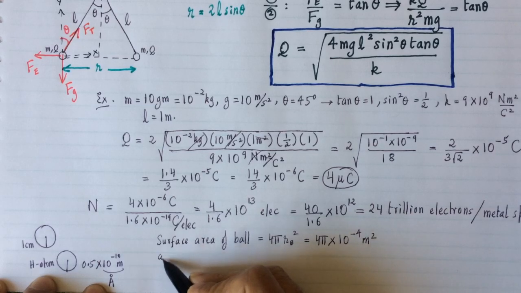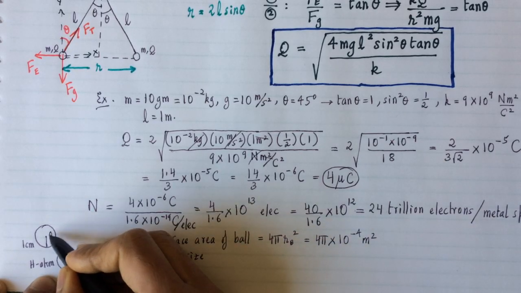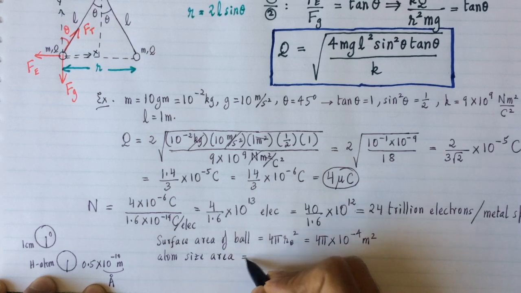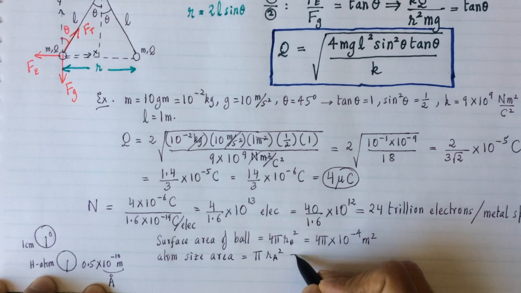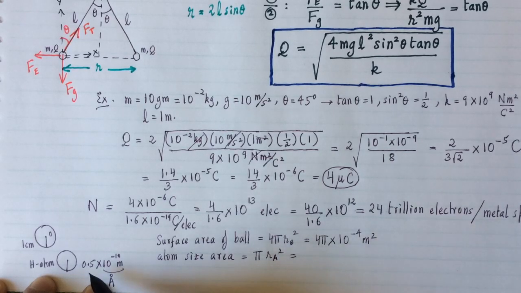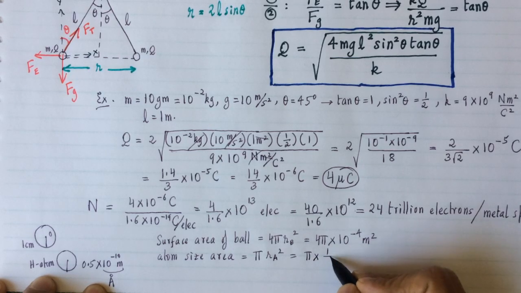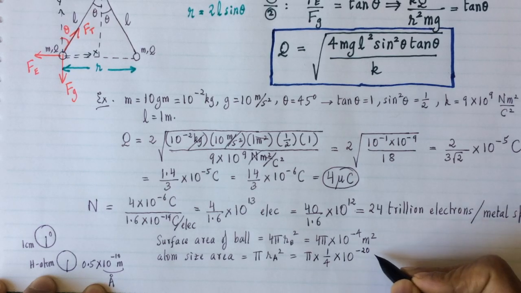The atom size area: the atom is only going to present a disc-shaped profile. So the atom size area is going to be that of a circle, pi times the radius of the atom squared. The atom's radius is half times 10 to the minus 10. So when I square it, I'm going to get 1/4 times 10 to the minus 20 square meters.